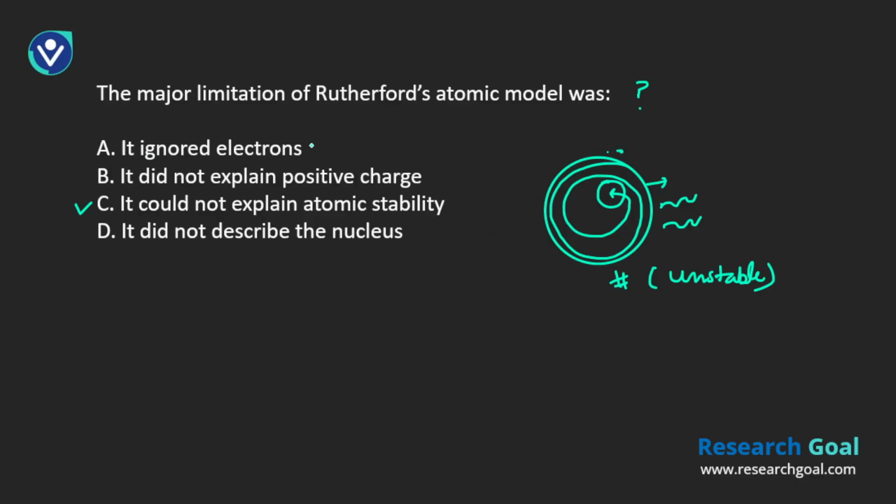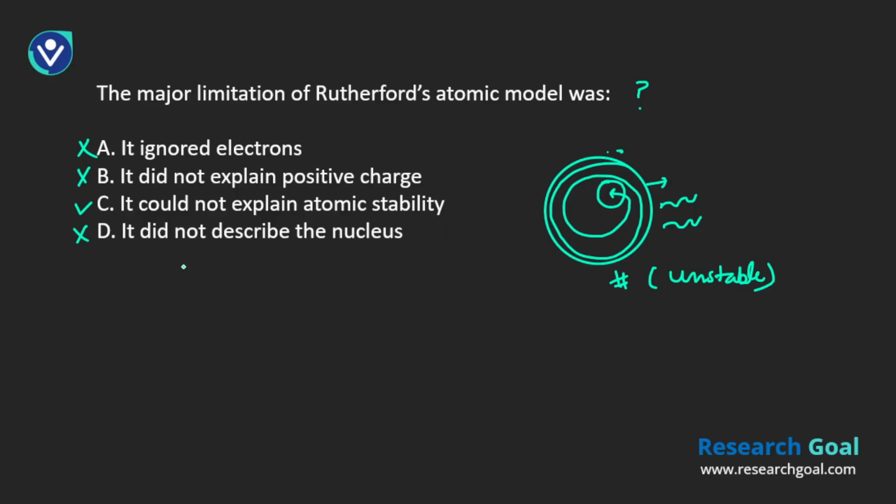It ignored electrons, so that is incorrect, because electrons were a key part of that particular model, right? B, it did not explain positive charge. No, because it mentioned that there is a dense positively charged nucleus present in the center. Last one, it did not describe the nucleus. Well, I think I've added very easy points in here, but I hope the concept is clear, what was the major limitation of Rutherford's atomic model.